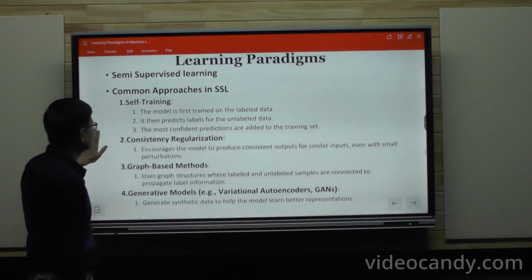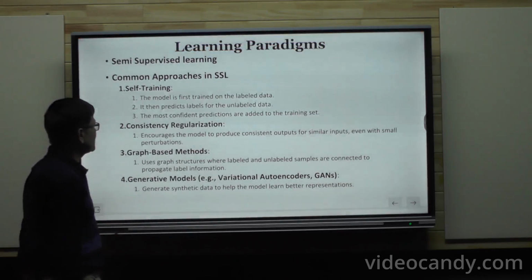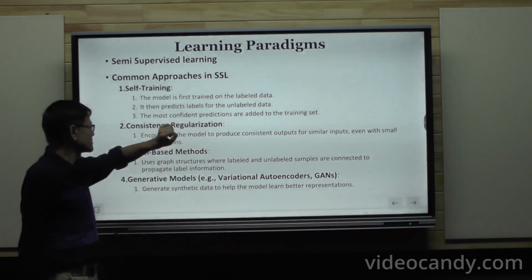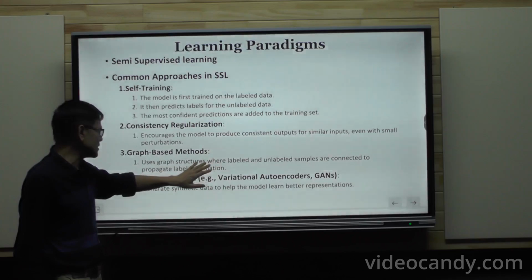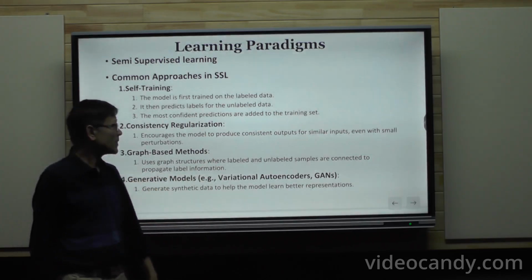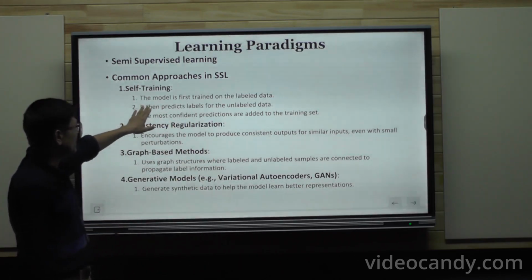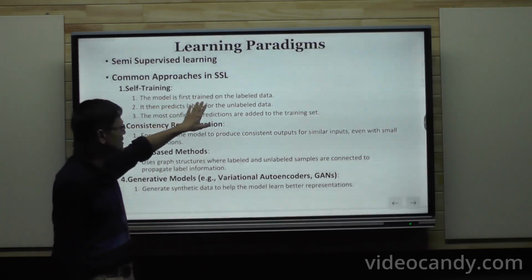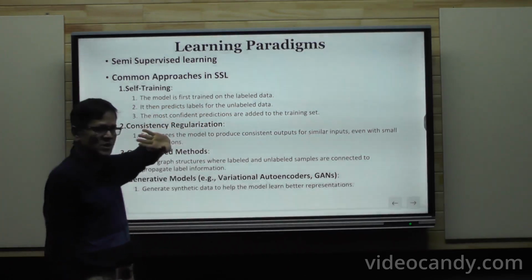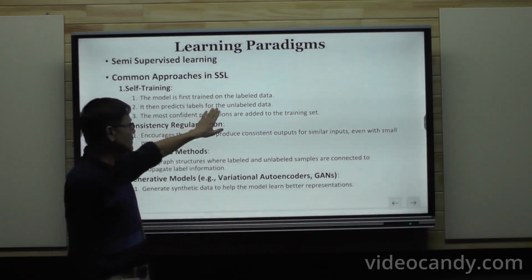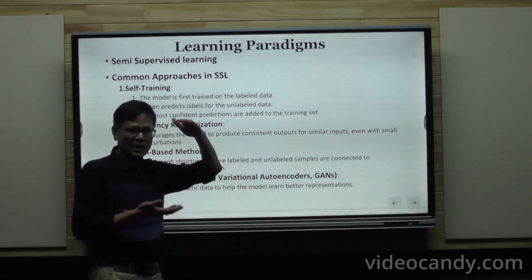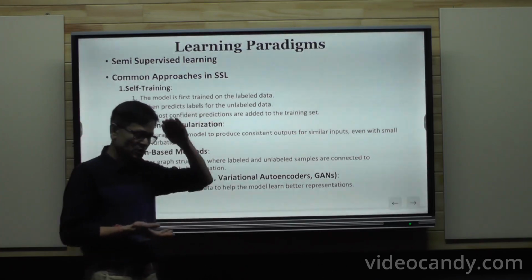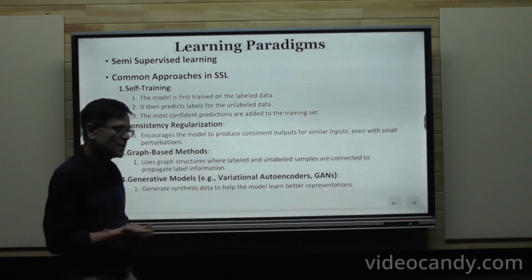So the common approaches in semi-supervised learning are self-training, consistency regularization, graph-based methods, and generative models. In self-training, the model is first trained on the labeled data. Then it predicts labels for the unlabeled data. So an expert has already given you labeled data, and you train the model on the basis of that.